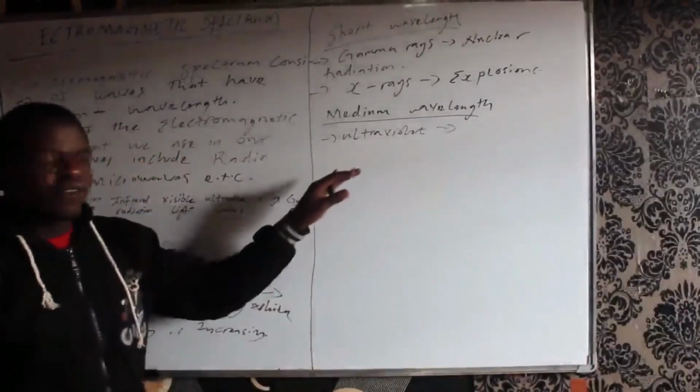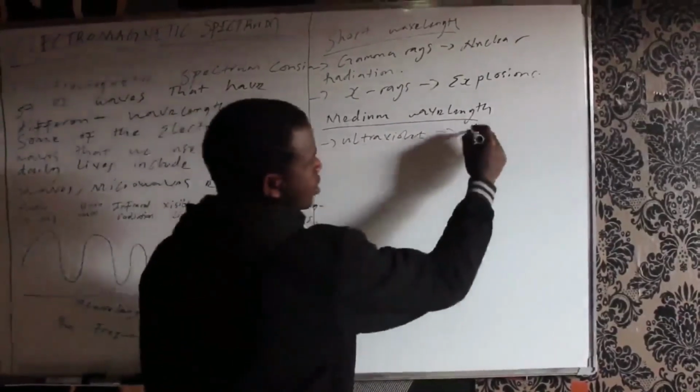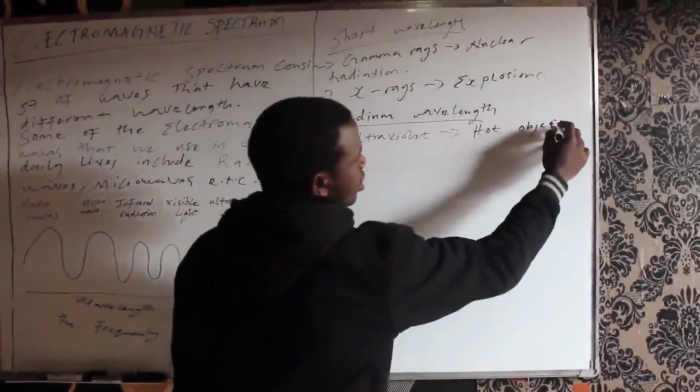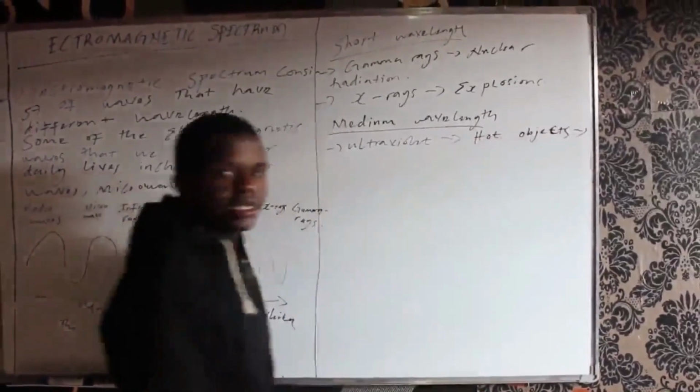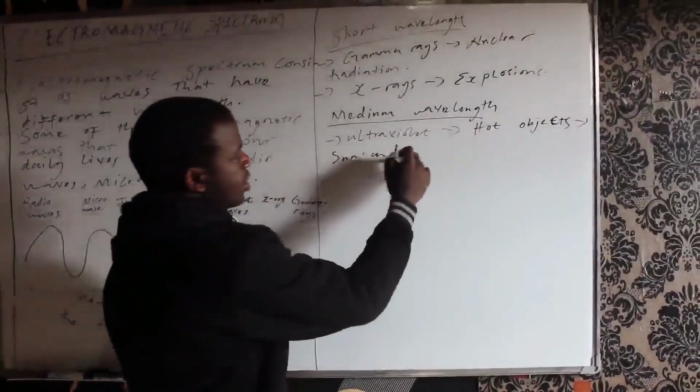The source of the ultraviolet is hot objects. These include the sun and sparks.